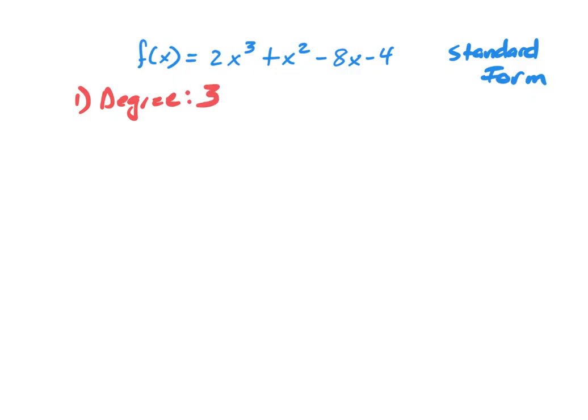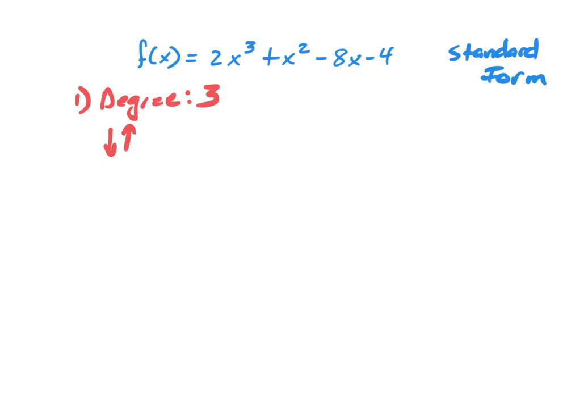Because the 2 is positive, the graph is going to start down and end up. That's that chart that we talked about yesterday. If this was a negative 2, then it would start up and end down, just the opposite relationship.